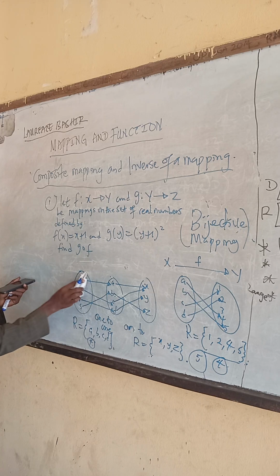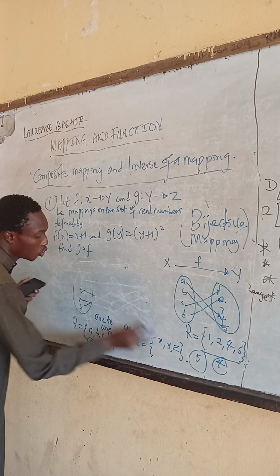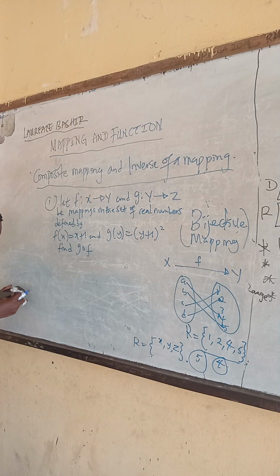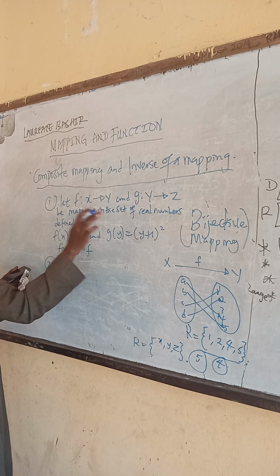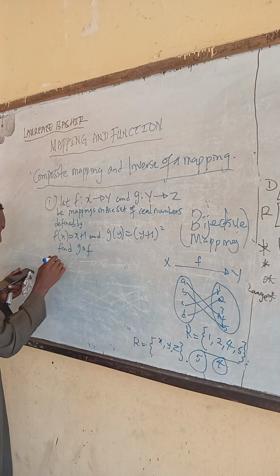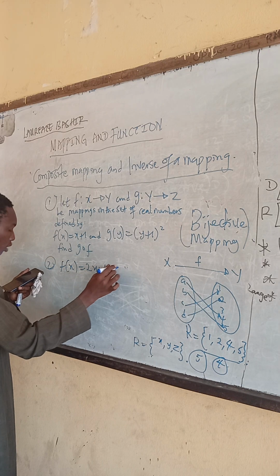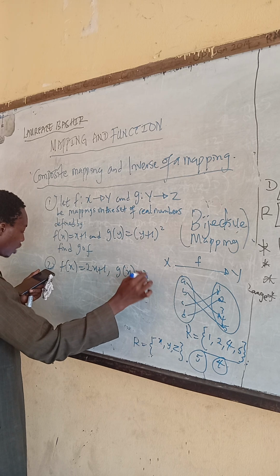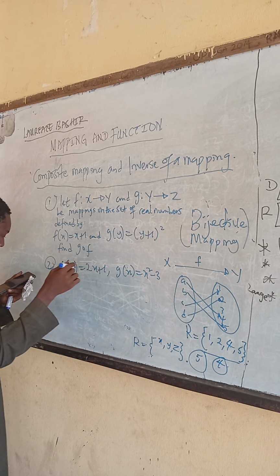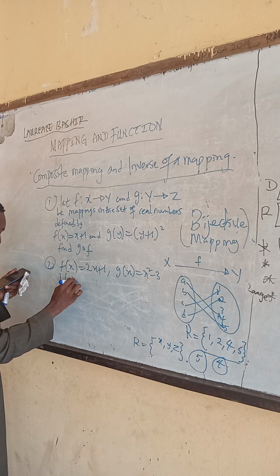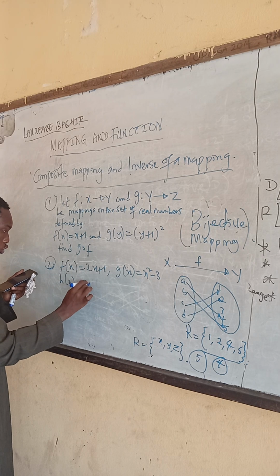The second one. So I'm going to solve 2 questions under it. Question 2. The same story. Let f of x equals 2x plus 1, g of x equals x squared minus 3, and h of x equals 3x plus 2.